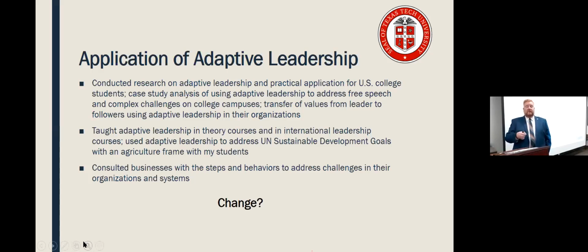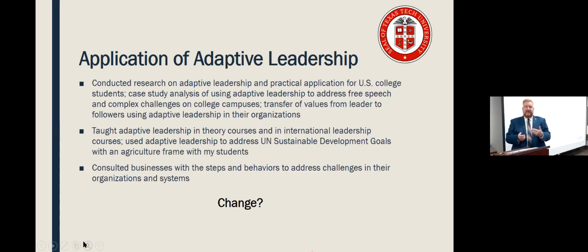But we've really heard kind of two schools of adaptive leadership and change. Some people really love change. It motivates them. They like the creativity and to be able to express new ideas and to make those happen. Others are more resistant to change.